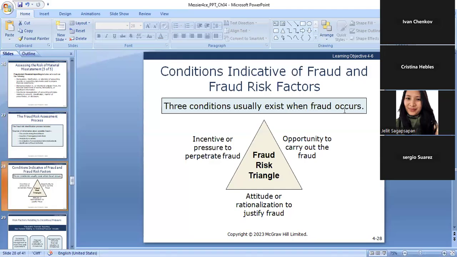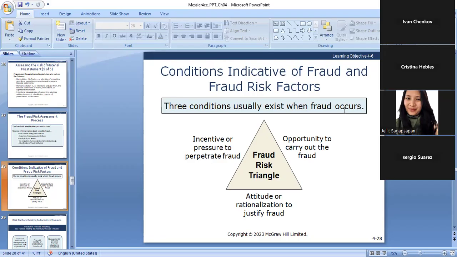Let's move now to the fraud triangle. Three conditions usually exist when fraud happens. The first one is incentive. You have to have incentive, or you have to have pressure in order to commit the fraud.